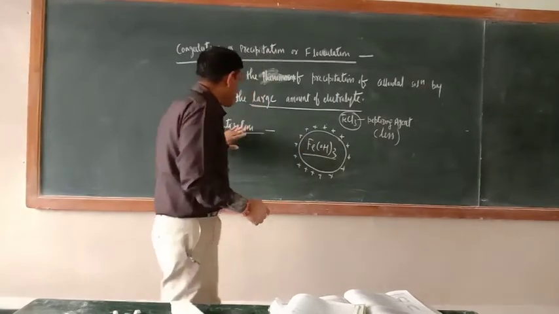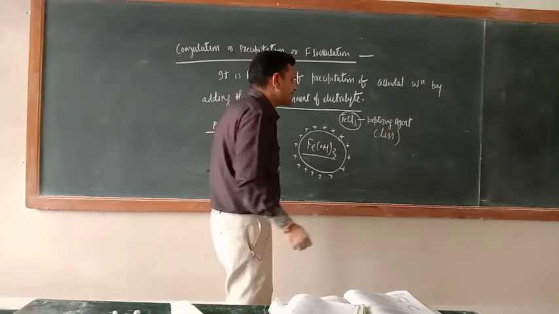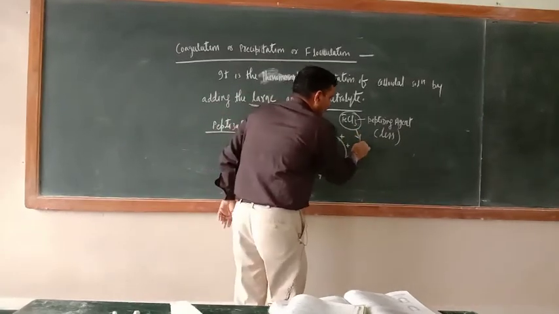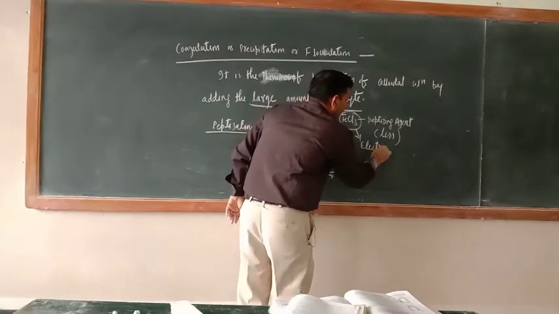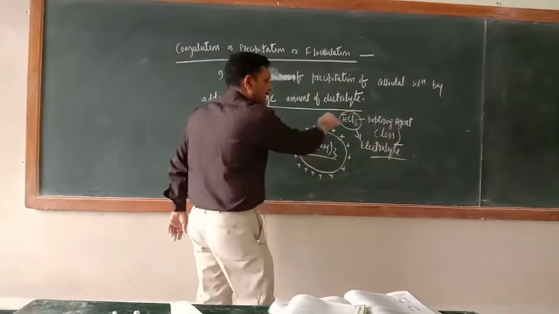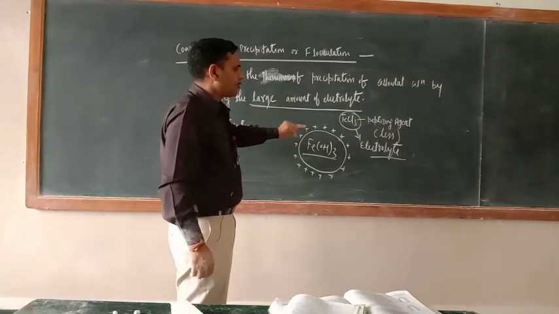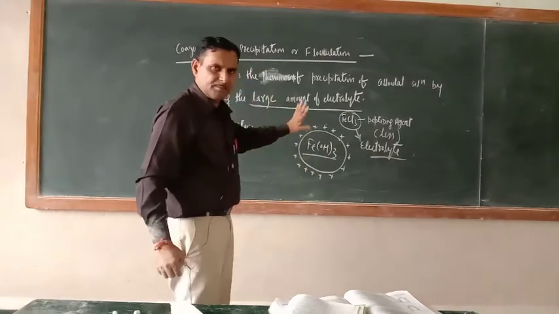So this is the process of peptization because of the addition of FeCl3, that is the electrolyte. We have added a small amount of electrolyte, that is FeCl3, so it is stabilizing.